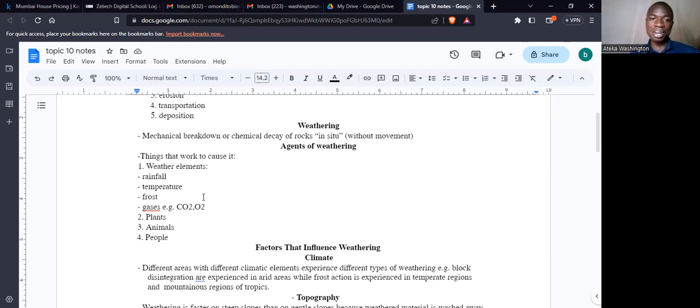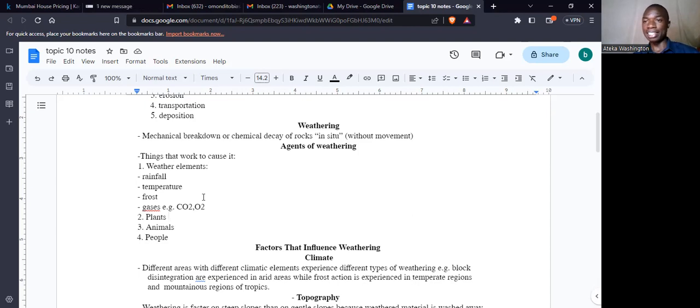This weak carbonic acid will react with elements in the rocks and cause them to fracture. At the same time, because rain is water in solution form, it will react with some soluble elements in the rocks, causing the rocks to decay.